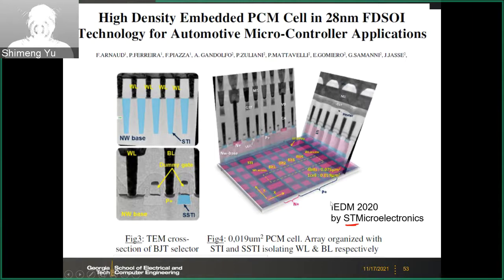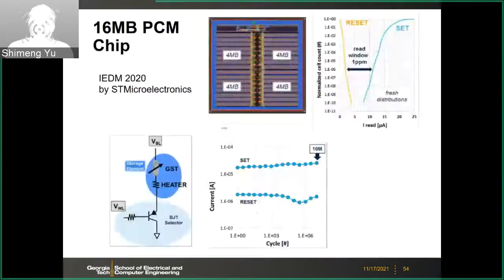And one cell gives you 0.019 micrometer square, so it's pretty small. And you can calculate what F square is, if you think F is 28 nanometer. Then they demonstrated the chip, 16 megabytes, with 4 banks, each 4 megabytes.